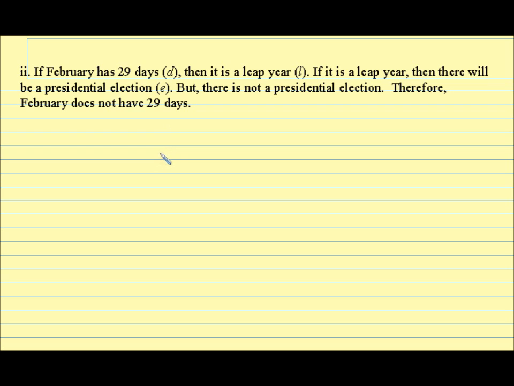Okay, let's start with this next problem here. You want to have a column for your steps. You need to have a column for the reason that you're doing these steps, or how you're arriving at these conclusions. And you do have to number everything as you go. Let's go ahead and set this up in argument form.